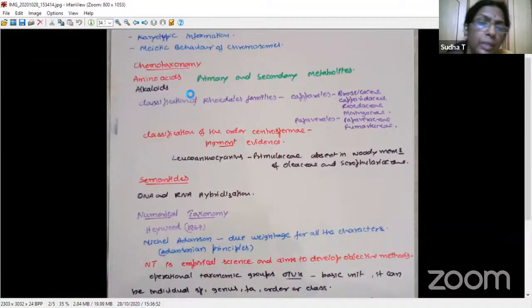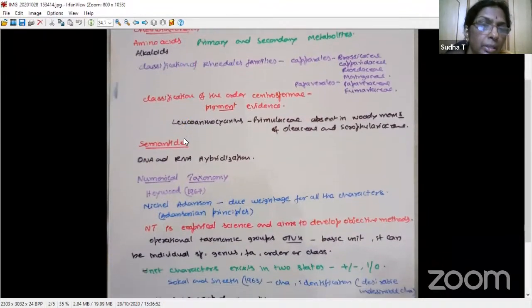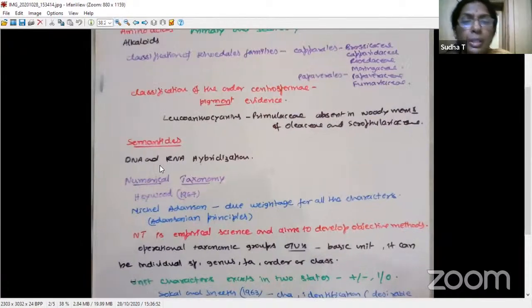Okay, so another point, just a word: there is one word called semantides. The macromolecules found in the plants are called semantides, like DNA and RNA. There are three types of semantides: primary, secondary, and tertiary.